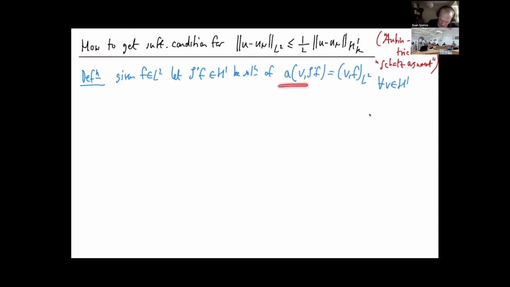So this is a variational problem, but now my unknown is appearing in the second argument of A, not the first. So this S star f is the adjoint solution for this particular class of L2 data. That's why I put the star: if S is the solution operator, S star is then the adjoint.